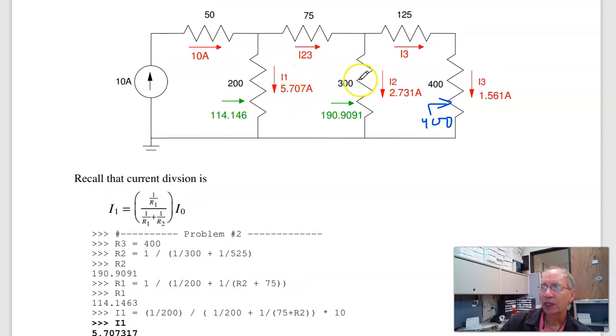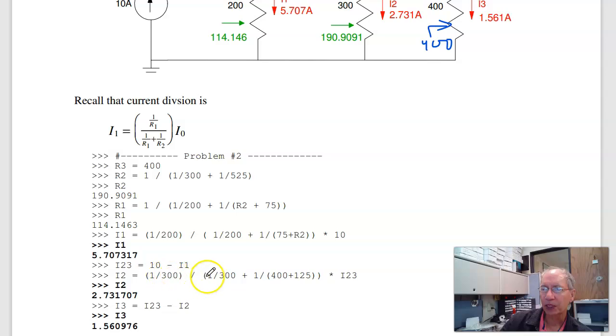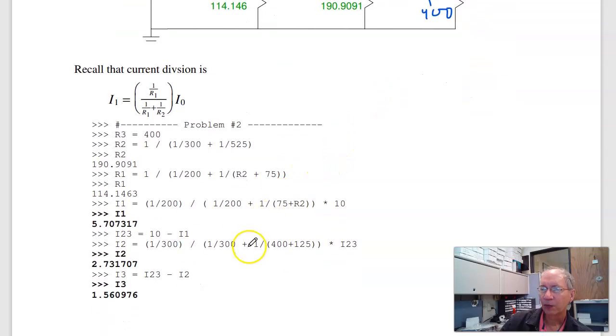Once I know I1, I can find I2. I2 is what I'm measuring, 1 over 300, divided by the total admittance, 1 over 300 plus 1 over 400 plus 125, that percentage of 5.7 amps.